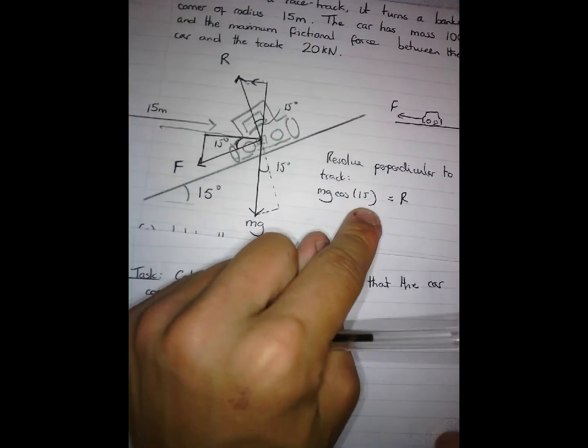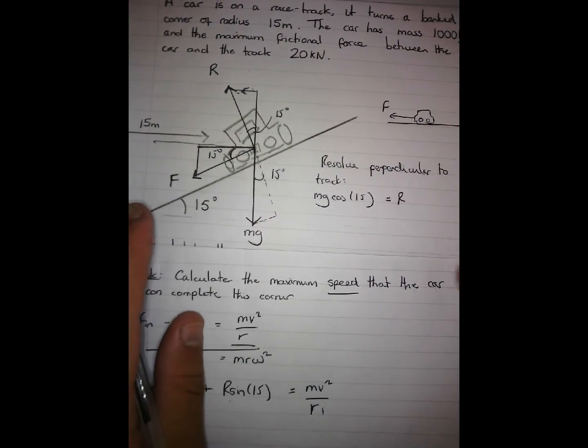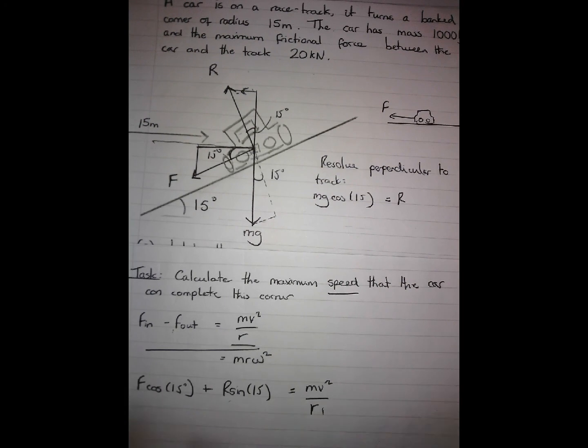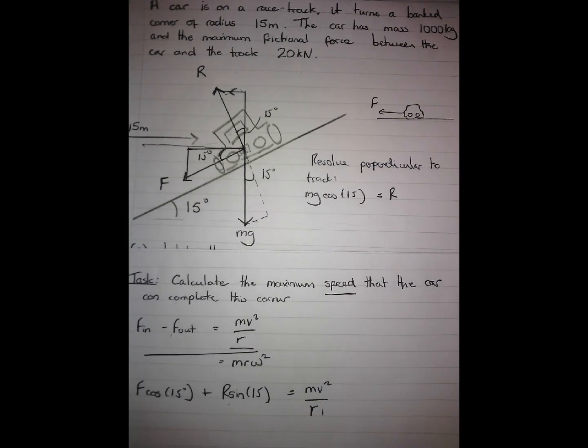So we've got R now in terms of m and g. We do know the mass, it's been given to us in the question, so we can substitute that in. I'd like you to now pause the video and see if you can have a go at rearranging that and finding the solution.